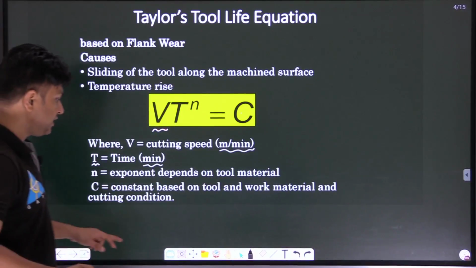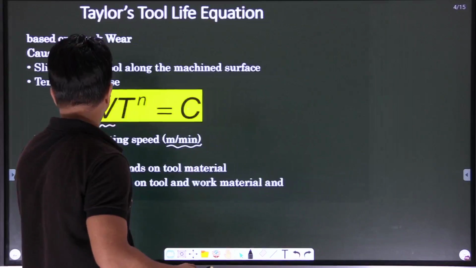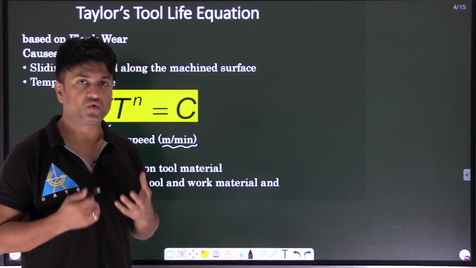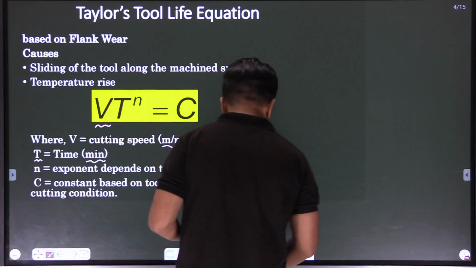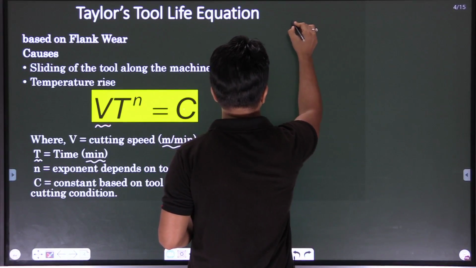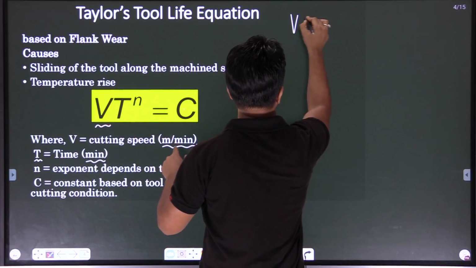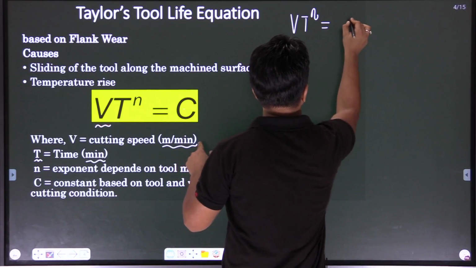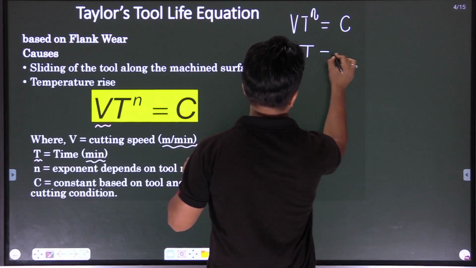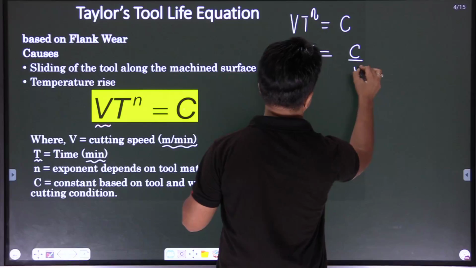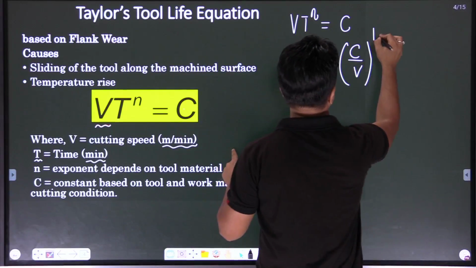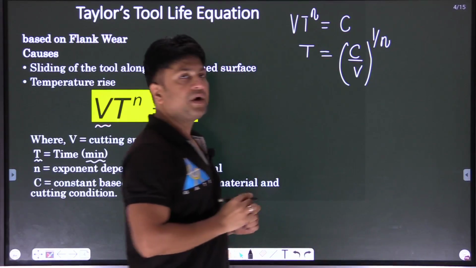If I simplify this to calculate the tool life, what will you write? V T to the power N equal to C, so T equal to C by V to the power 1 by N. What is the meaning?